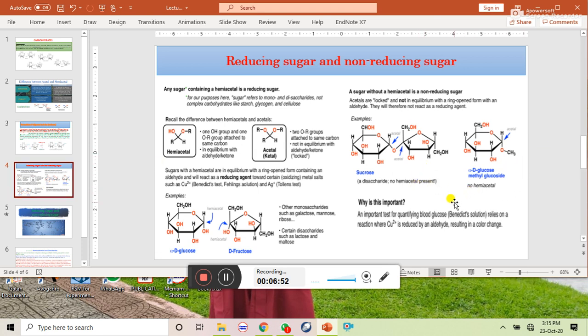As I explained in yesterday's lecture, some sugars are termed reducing sugars and some are termed non-reducing sugars. By this lecture, the concept will become more and more clear. Any sugar containing a hemiacetal is a reducing sugar.